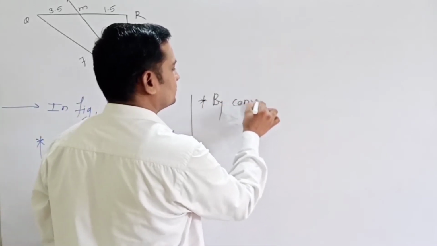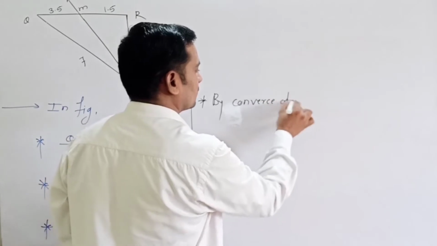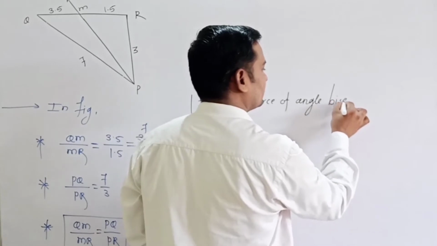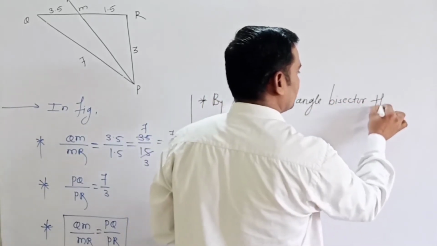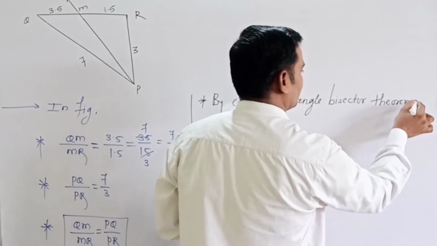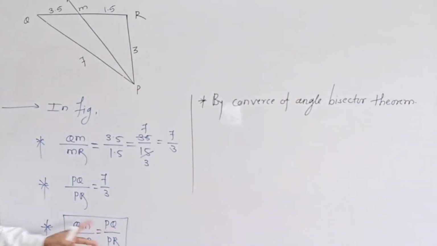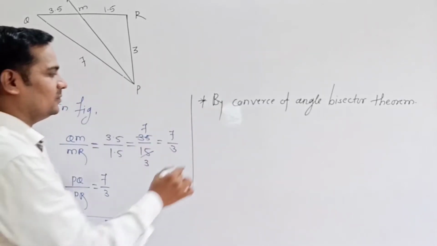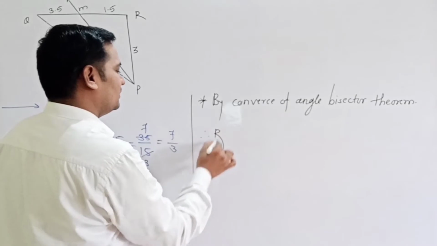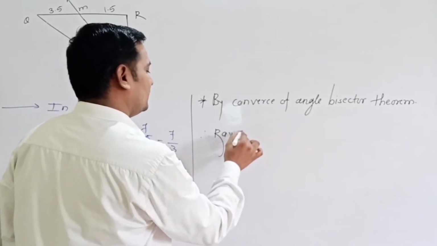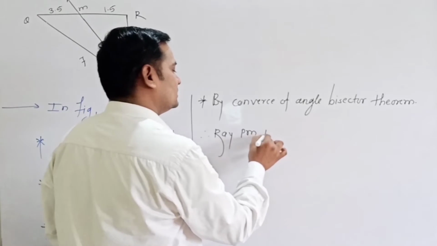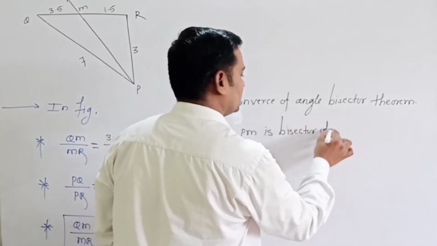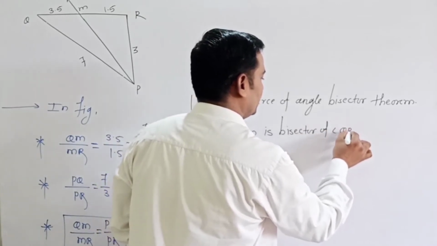So the answer will be, by the converse of angle bisector theorem. If these two ratios are equal, then by the converse of the angle bisector theorem we can say that ray PM is the bisector of angle QPR.